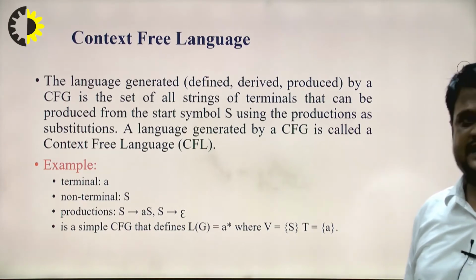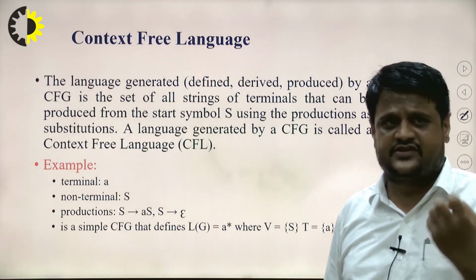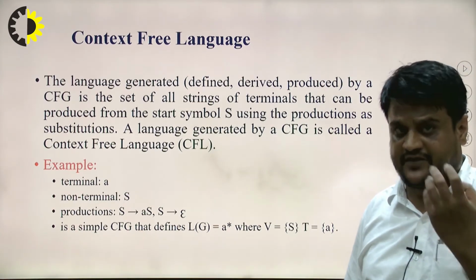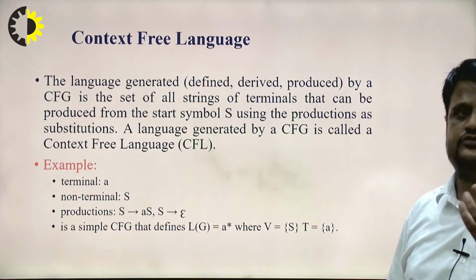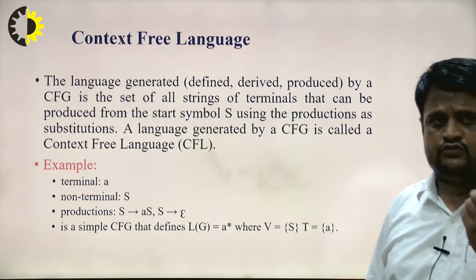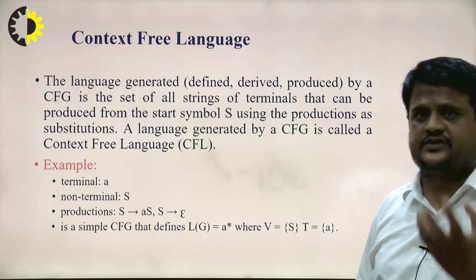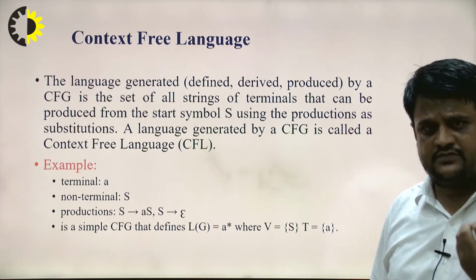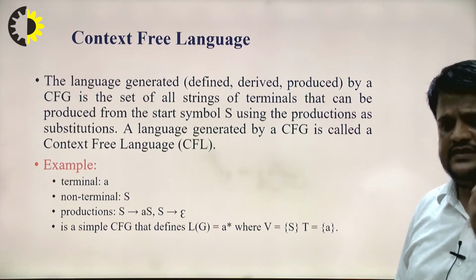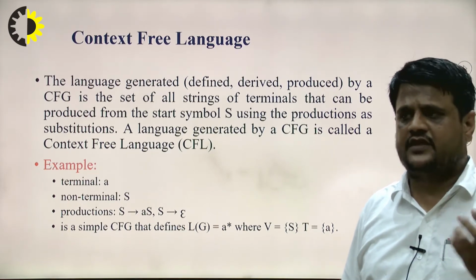In a nutshell, the language generated by a CFG is the set of all strings of terminals that can be produced from the starting symbol of a grammar using the productions as substitutions. So the language generated by a context-free grammar is called the context-free language.